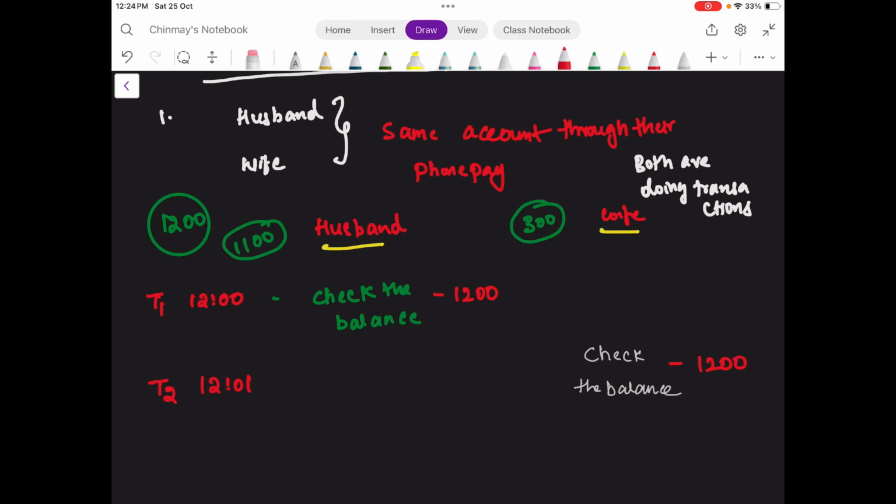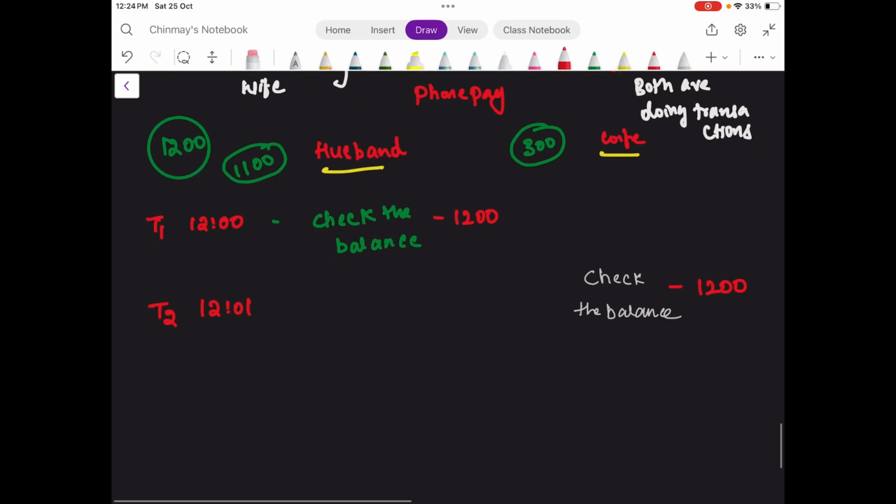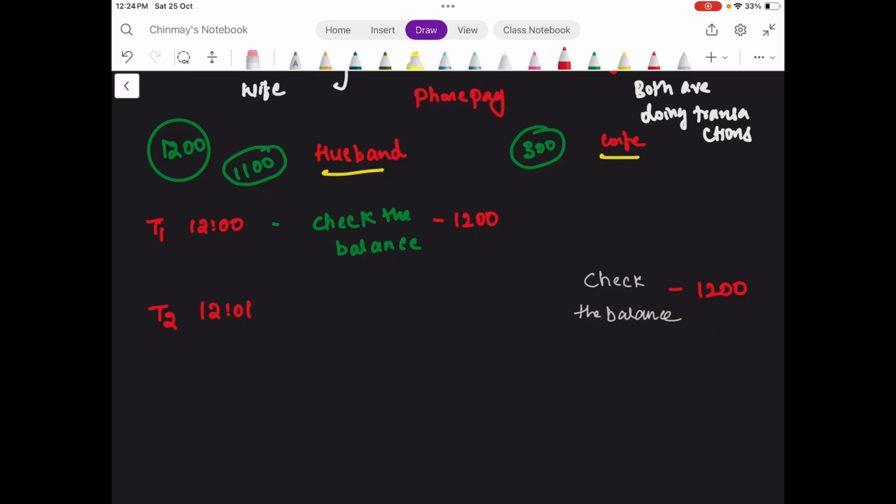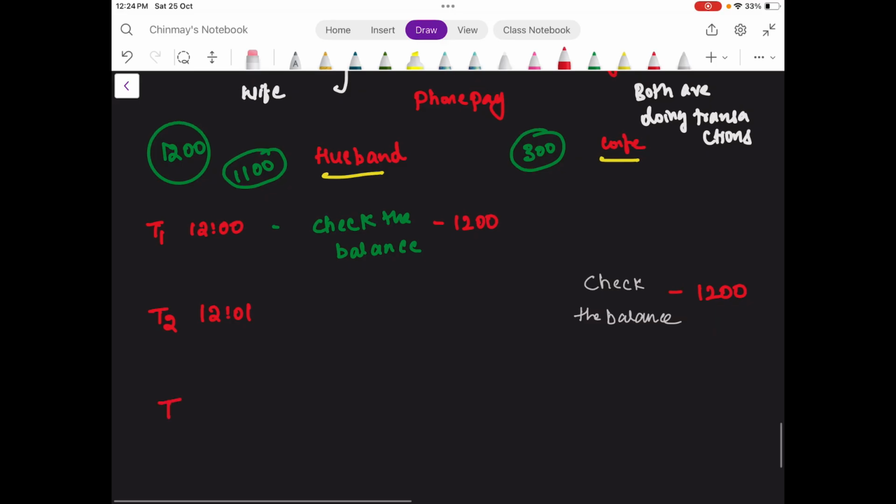Because the wife is at home, her internet connection is so fast. Let's imagine that within some milliseconds, at 12:01, it updates the balance.